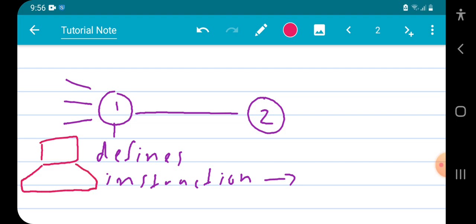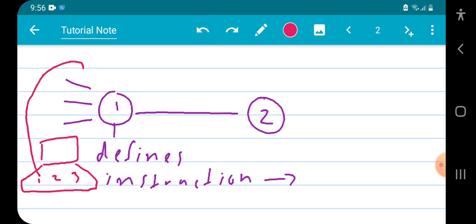So let us suppose a user is sitting at the computer and gives the artificial neuron some numbers, let's say number 1, number 2, number 3. These numbers will be passed on to artificial neuron 1.